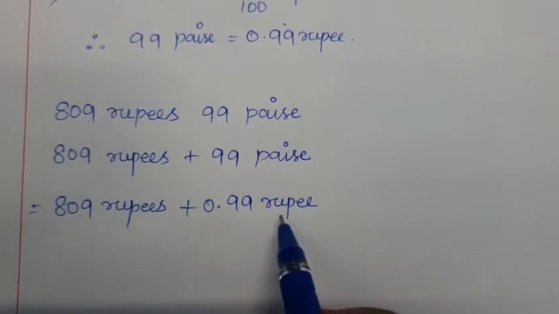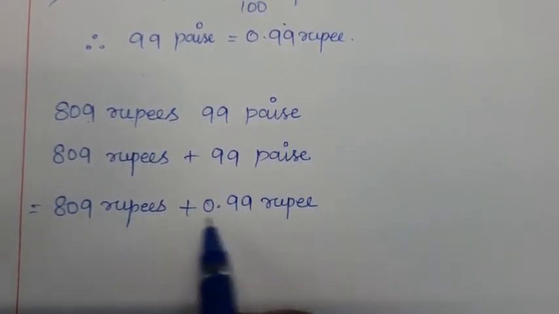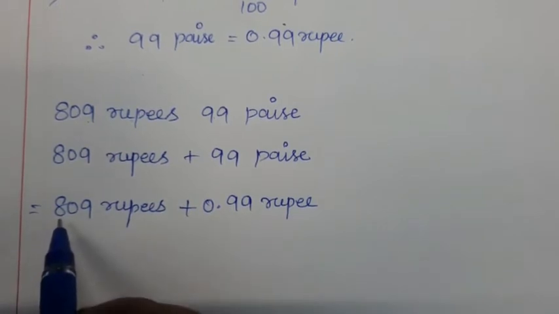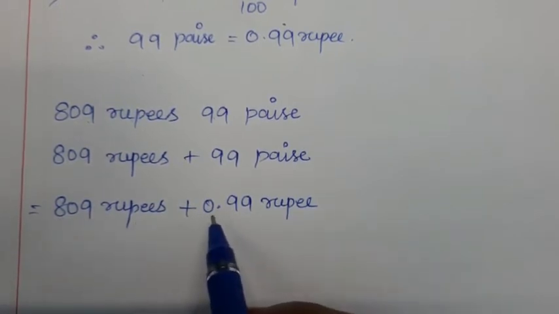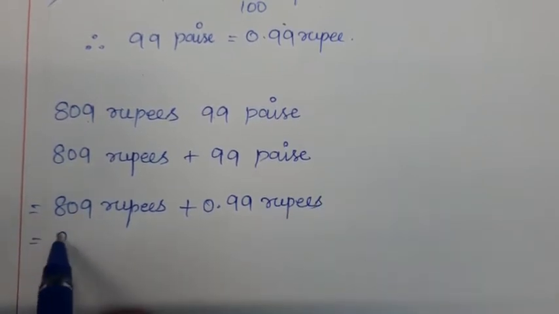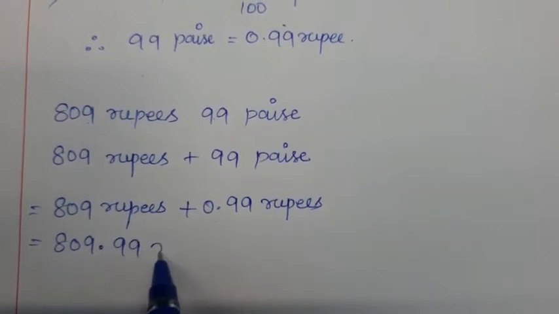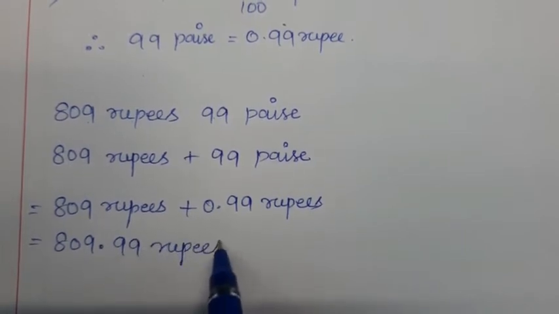In both the terms we have the same units, so we can add these two terms. By adding 809 rupees with 0.99 rupees, we get 809.99 rupees, which is the required answer.